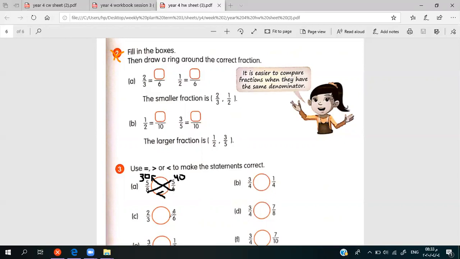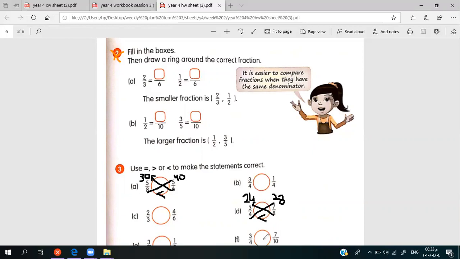What about here? Number D. Let's try it here. I go from down to up. 8 times 3, 24. Remember, from down to up. 4 times 7, 28. So which is bigger? 24, 28, 28. So this fraction is bigger.